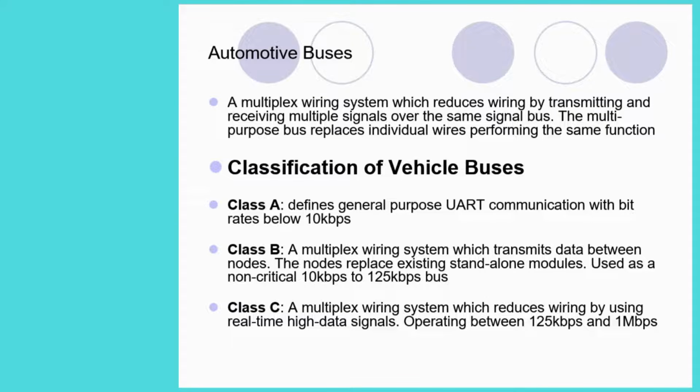The multipurpose bus replaces individual wires performing the same function. Automotive buses are basically defined by their speed, Class A being 10 kilobits per second, Class B 10 to 125 kilobits per second, and Class C 125 to 1 megabits per second. Class D systems may be faster.